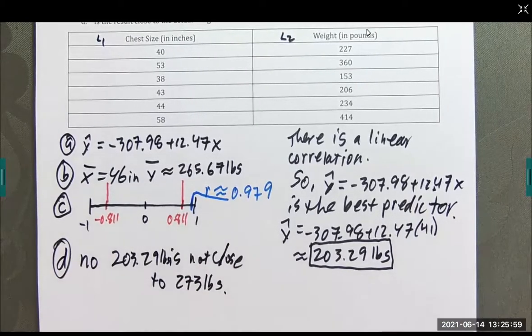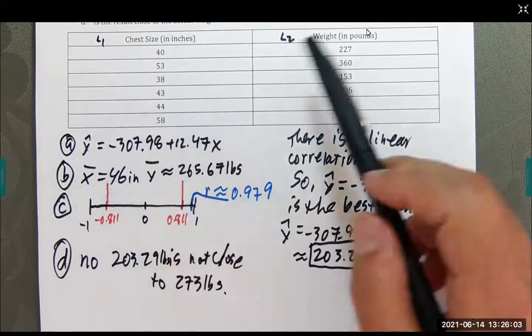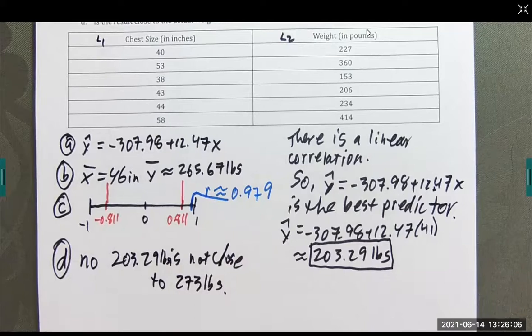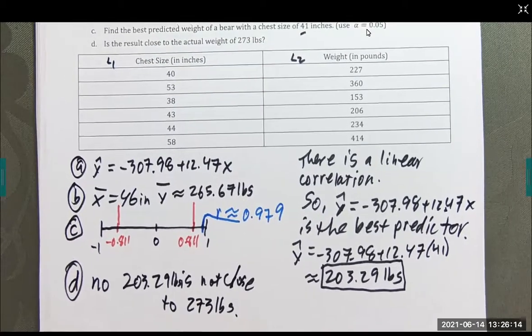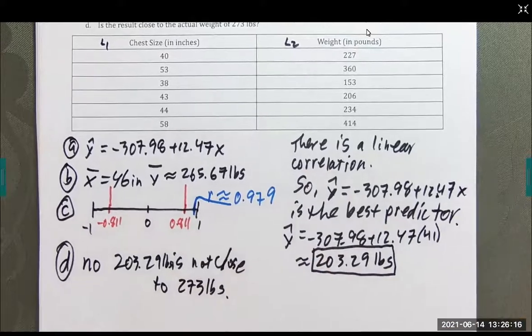Now, things like this can happen, obviously. All that means is we didn't get the right 6 pairs. We need a much larger sample size there. Because maybe there really isn't a linear correlation. But based on our data, there is.